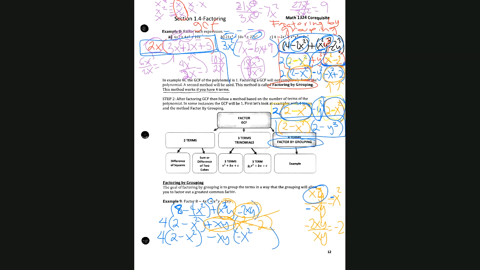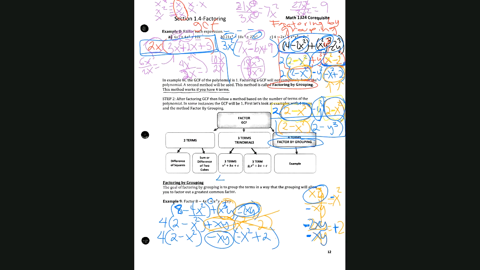If we have negative 2xy here, and now we want to factor out a negative xy, a negative divided by a negative will be positive. And so you can see that now if we were to just rearrange the terms, we will have something like this.